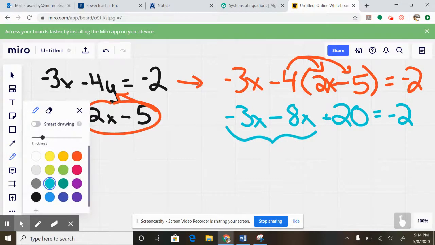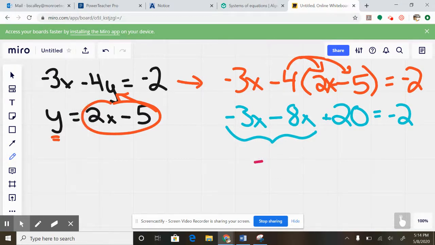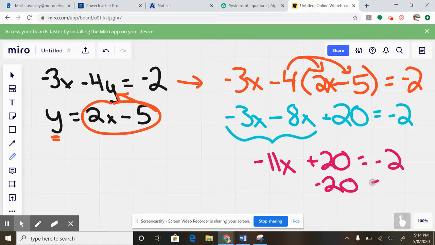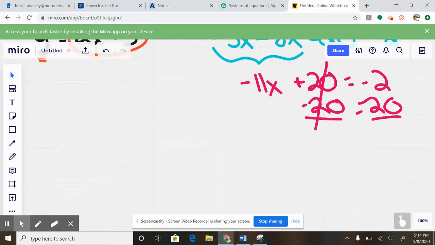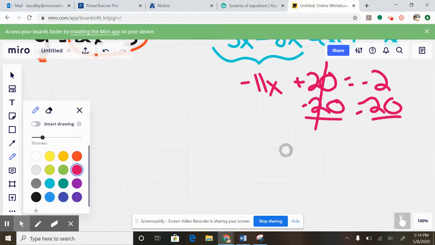I'm going to get negative 11x plus 20 equals negative 2. I'm going to subtract 20 on both sides. Right here, it'll cancel. And on this side, I will have negative 11x equals negative 22.